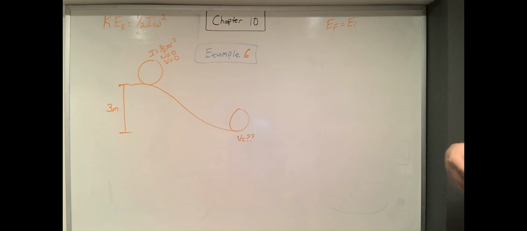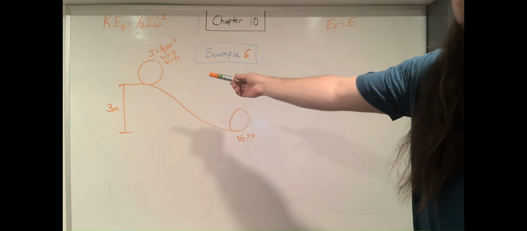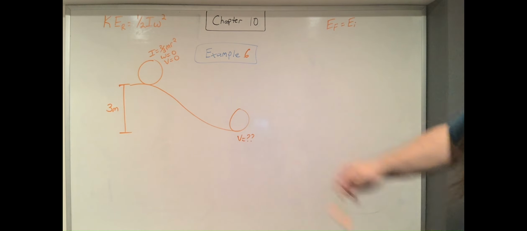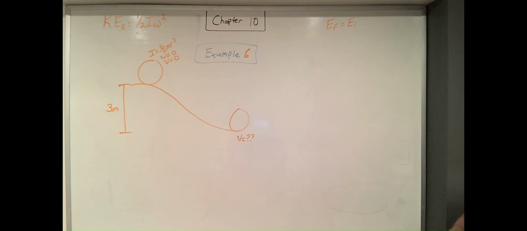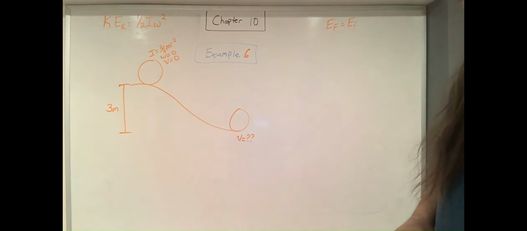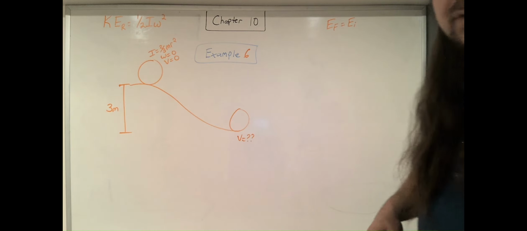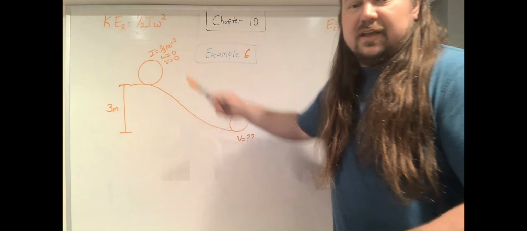So now, instead of something flat falling, we have something that's round, like a ball rolling down the hill. And in this case, it's a sphere. We have a moment of inertia I of 2/3 mr squared. It starts from rest, so it's not rotating and it's not moving.